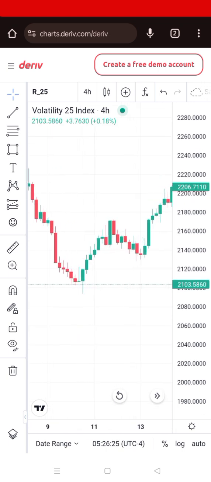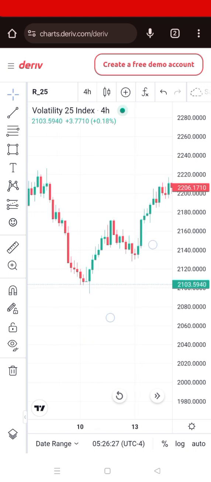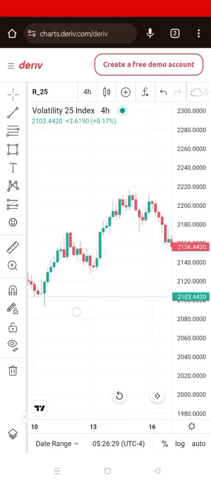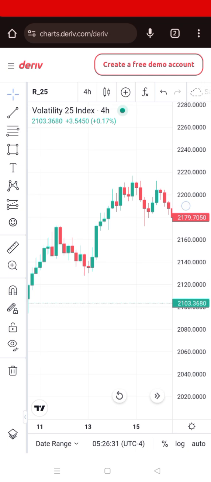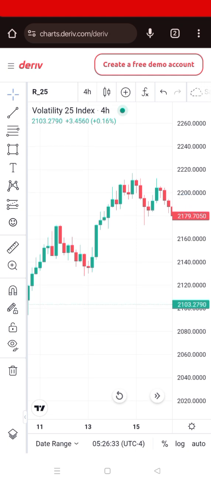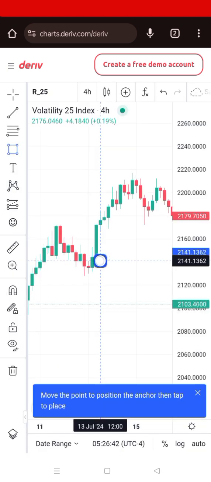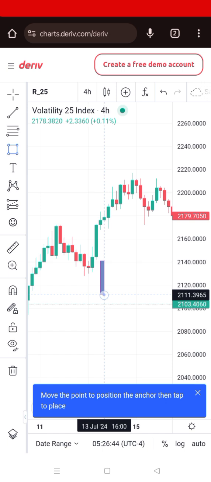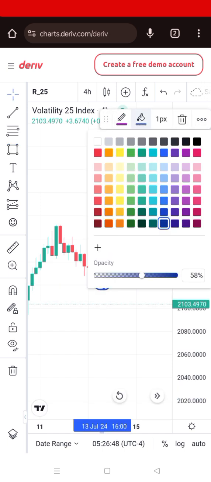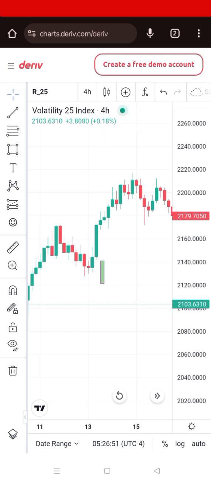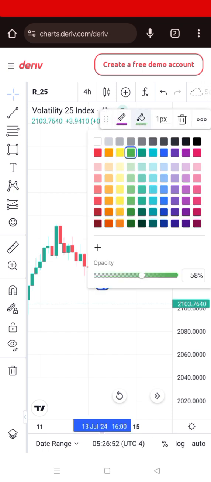So the first thing I'll explain to you is how to identify order blocks. According to me, there are three types. So the first one, let me take a drawing and illustrate very quickly how this order block structure looks.